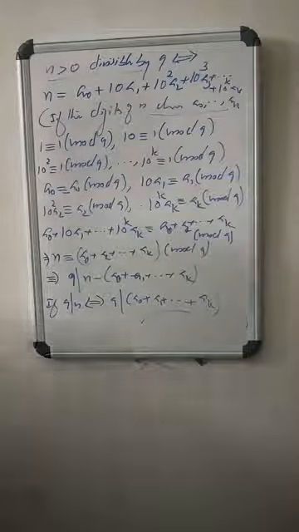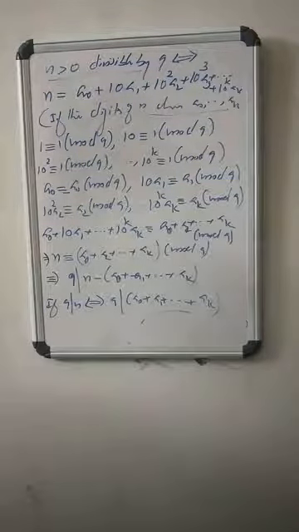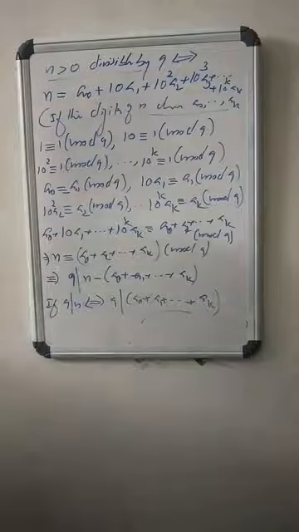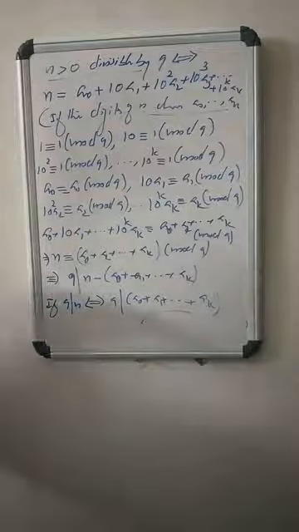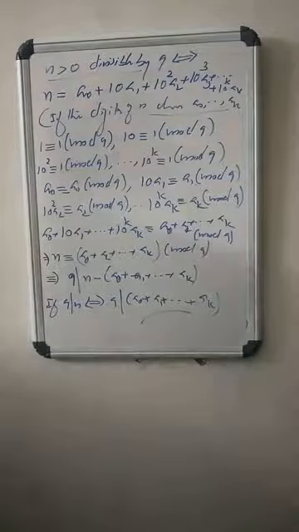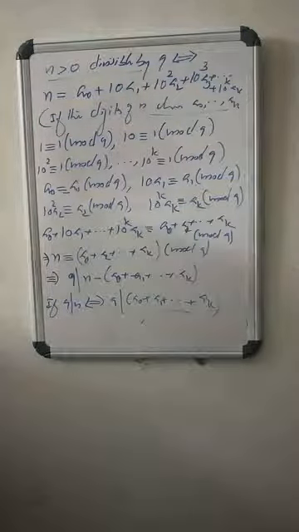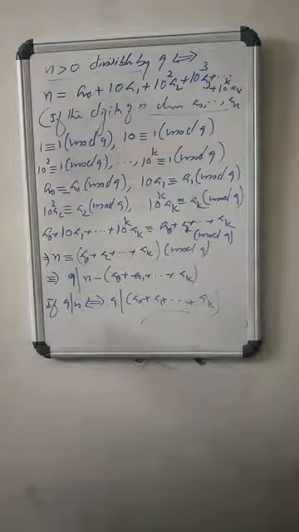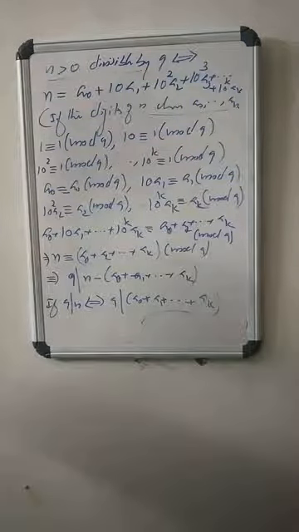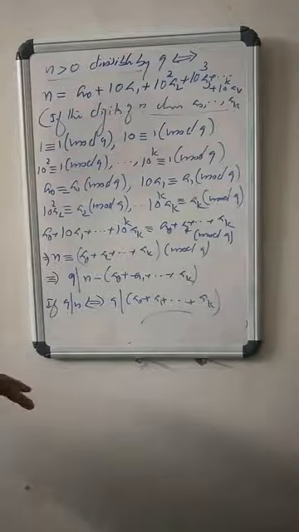The same result is true for 3. If n is greater than 0, that is the test of divisibility by 3. Any integer n greater than 0 is divisible by 3 if and only if the sum of its digits in the decimal expansion is divisible by 3. Same arguments. Why?